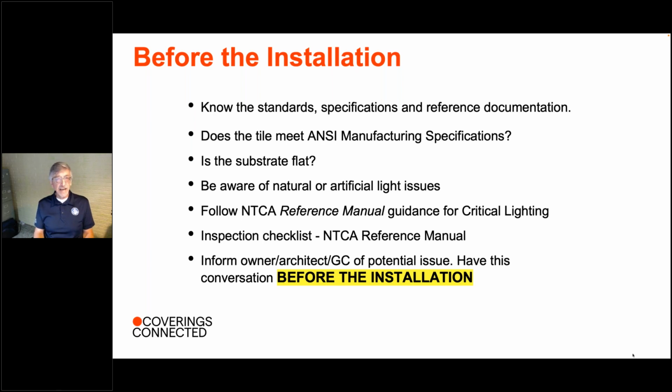Are there any natural or artificial lighting issues that will cause shadowing on a properly installed installation? Have you read and understood the NTCA reference manuals, documentation, and guidelines for critical lighting? In that reference manual, there's also an inspection checklist that you can find and follow to help you have success.